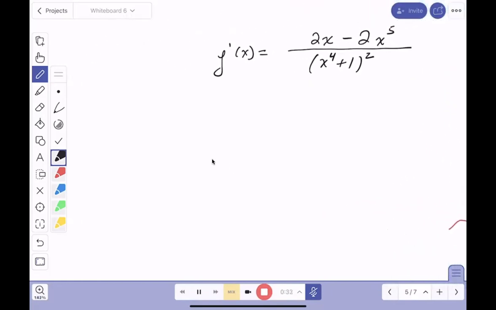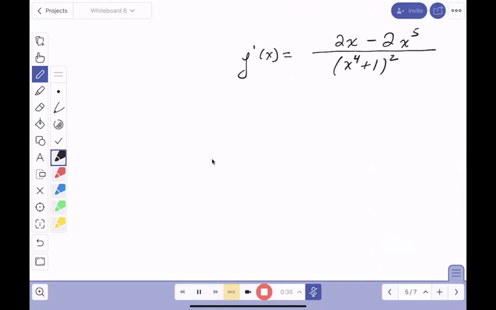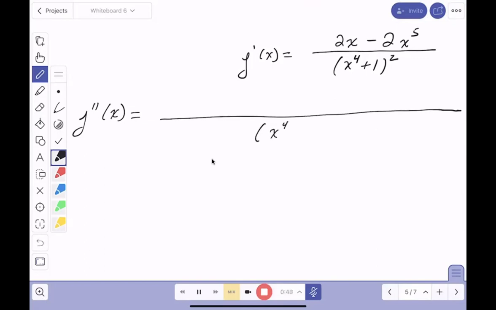My trouble is getting the second derivative. So let's write this down. F double prime of x, there's a point to this, by the way. (x^4 + 1), I got to square that, right? So it's fourth power. Then I'm going to bring the bottom to the top and leave it alone. I don't think I went too fast there.